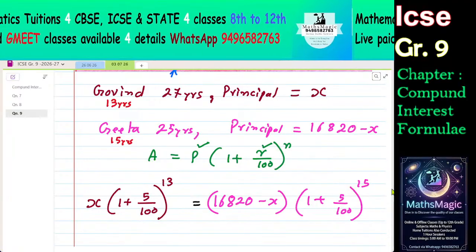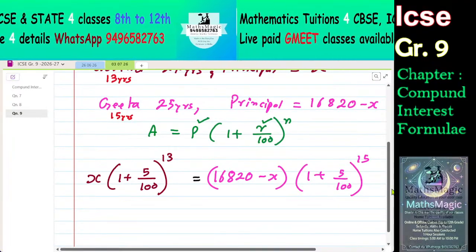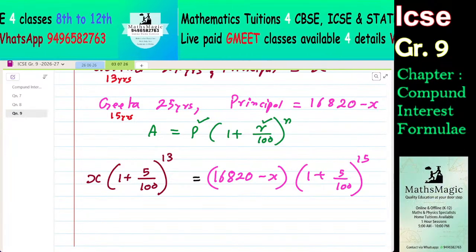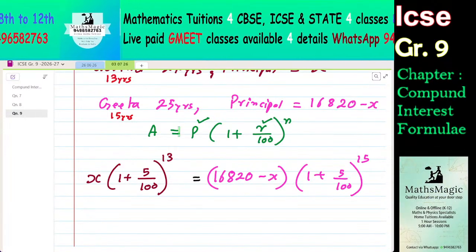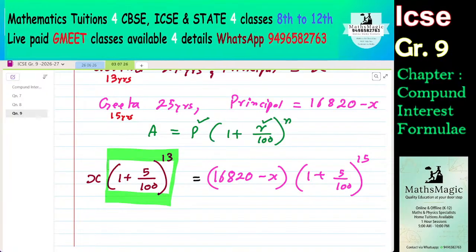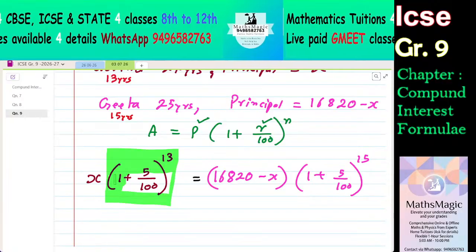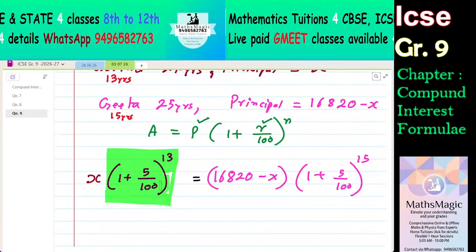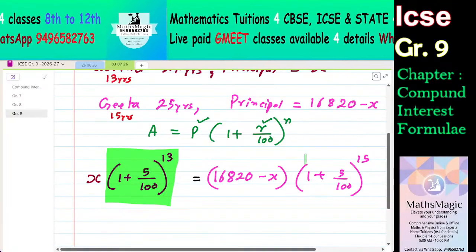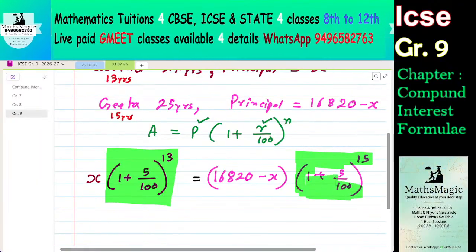You need to cancel terms. Just closely watch this highlighted box. Here something is raised to the power 13, and here the same thing is to the power 15.